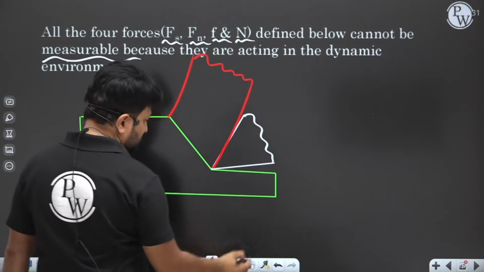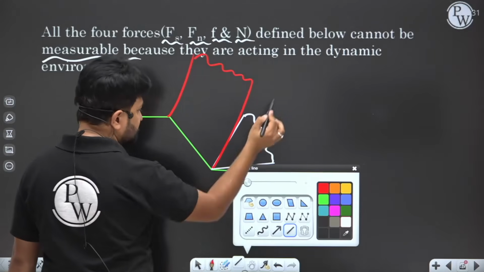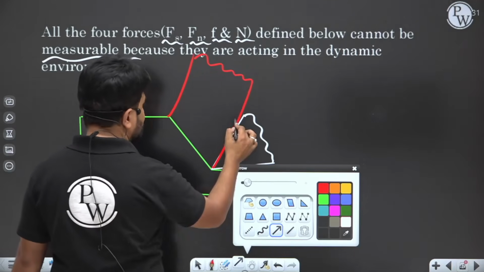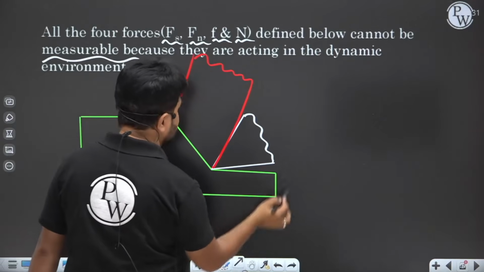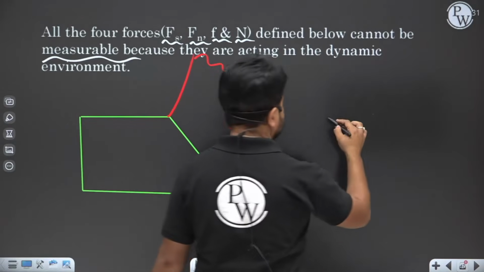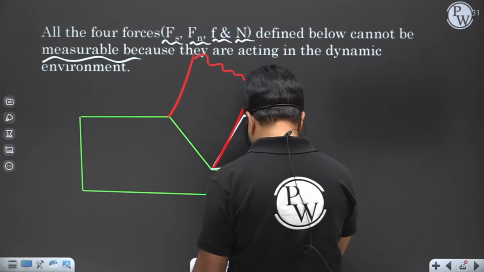When the chip is moving in an upward direction, a friction force will act on the chip. Let me draw it here.